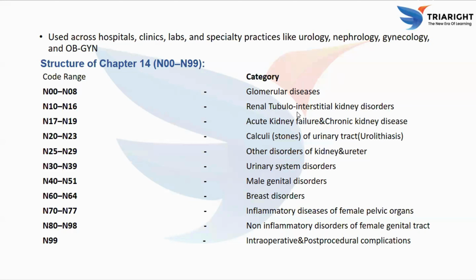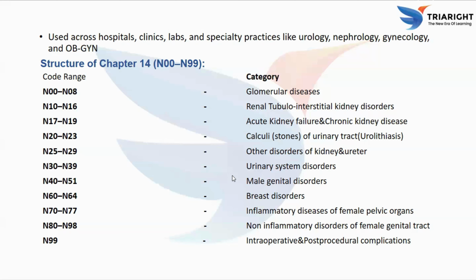N10 to N16 is renal tubulointerstitial disorders, like problems in kidney tubules and surrounding tissue, for example pyelonephritis. N17 to N19 involve acute kidney failure and chronic kidney disease. N20 to N23 involve calculi of the urinary tract. N25 to N29 involve other disorders of kidney and ureter.